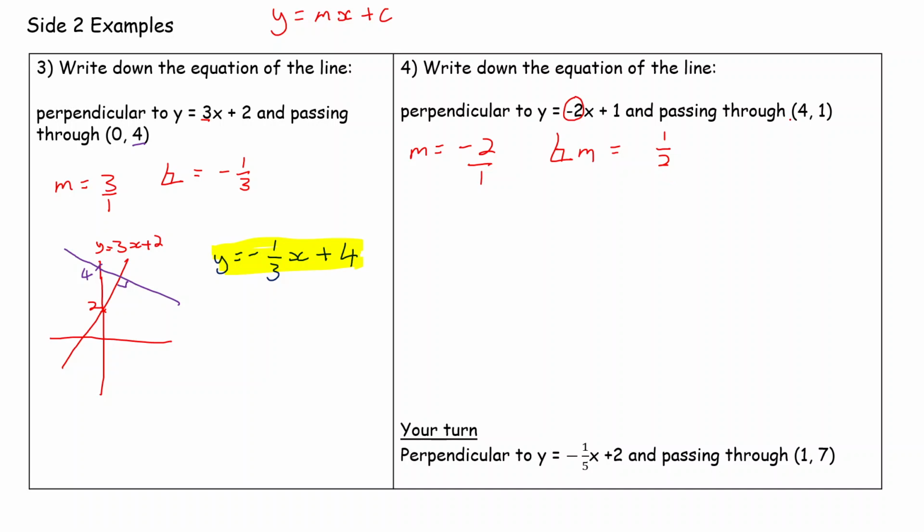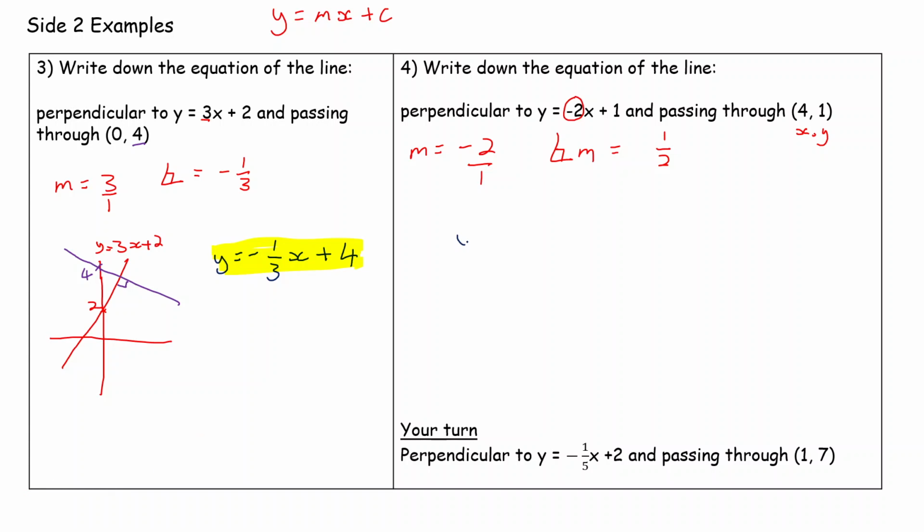And it goes through the point (4, 1). So this time, I can't just go and make up a value of c. I've been told it goes through that point, (4, 1). And notice this 4 is an x coordinate, and that 1 is a y coordinate. So my line is going to be something like y equals, and let's write it in blue, because we're looking at the perpendicular line.